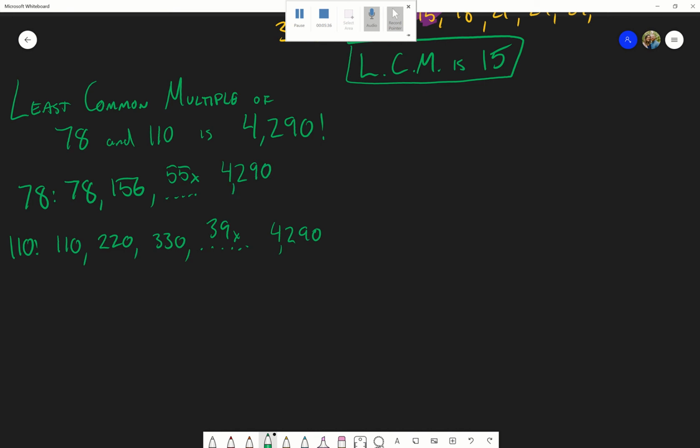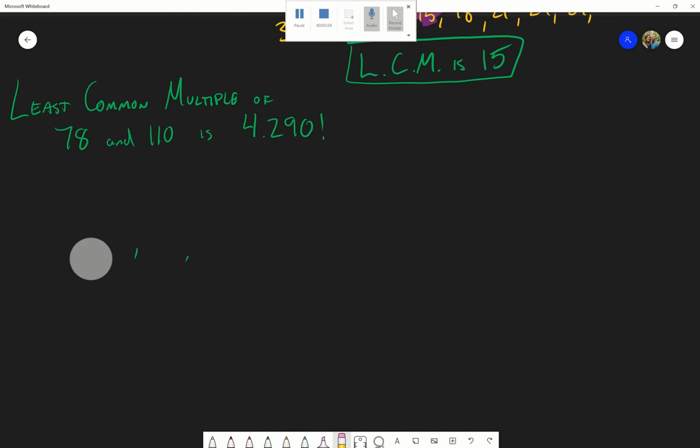So I want to make this a lot easier so you're not writing down lists of 55 multiples of 78. Because again, who knows anything about the multiples of 78? Because I sure don't. So let's deal with how to do this with prime factorization. Okay, so we know our answer.